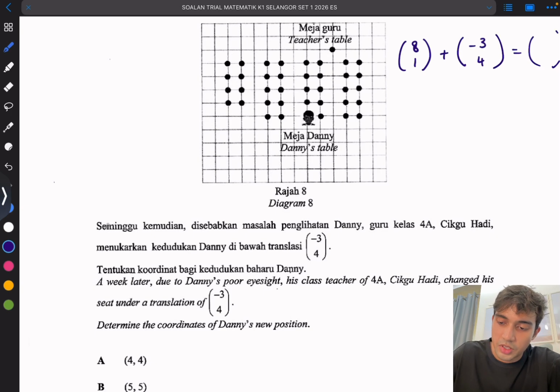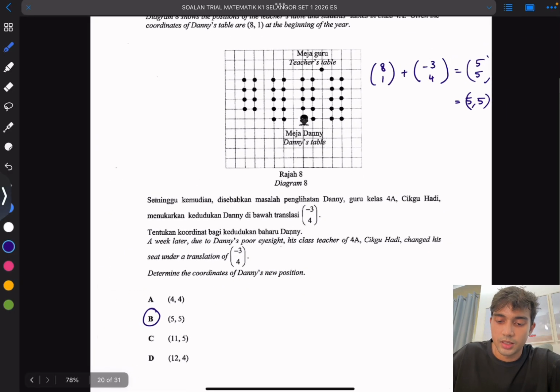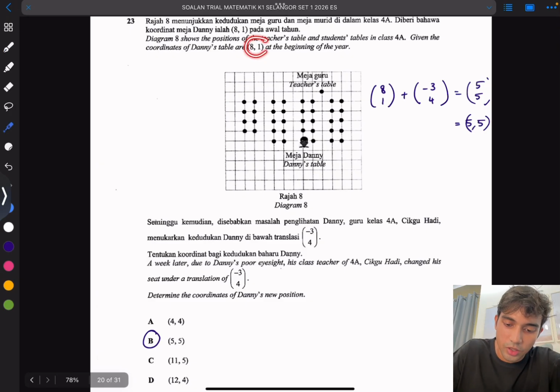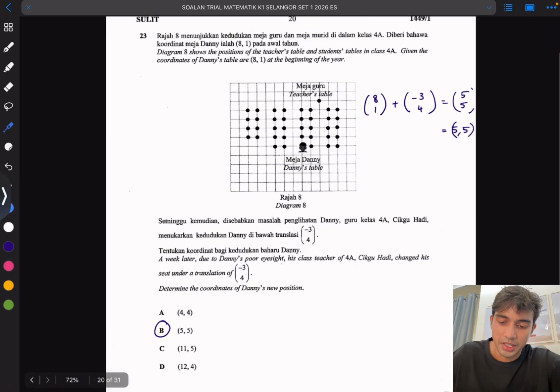So his new position will be 8 minus 3, 5, and 1 plus 4, 5. So his new position would be (5, 5). That's all. Okay, so his original coordinate, he translates by this much. You just have to add the translation and get your image. That's it. Easy.